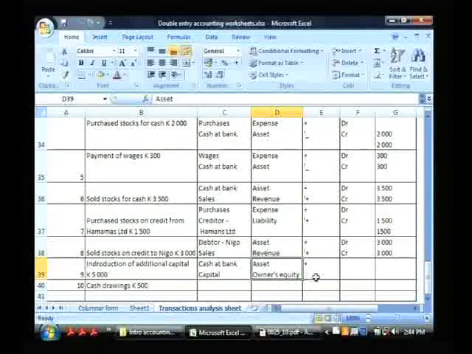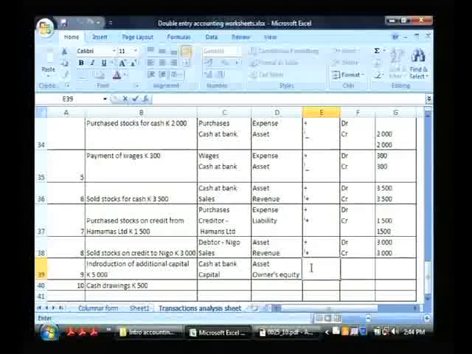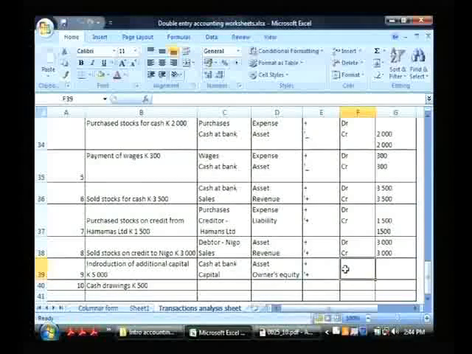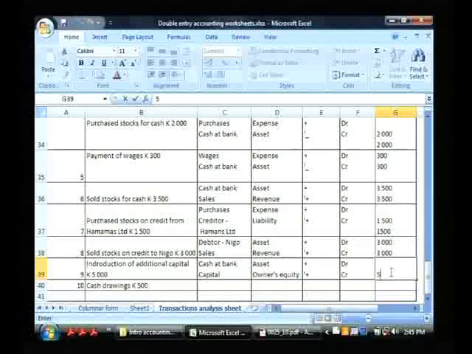Capital is owner's equity, and increase of asset, increase of owner's equity. Increase of asset, debit, and increase of owner's equity, credit, and the capital introduced. Amount involved here is 5,000.